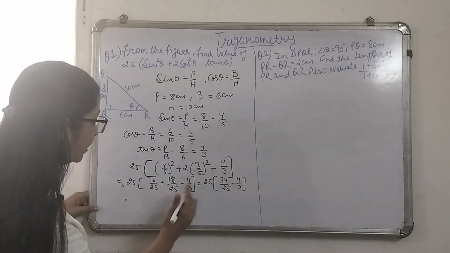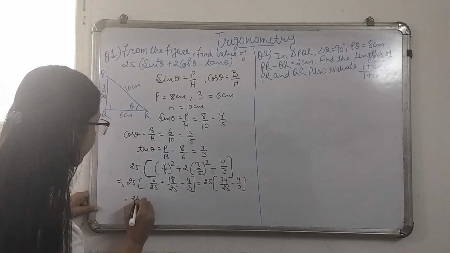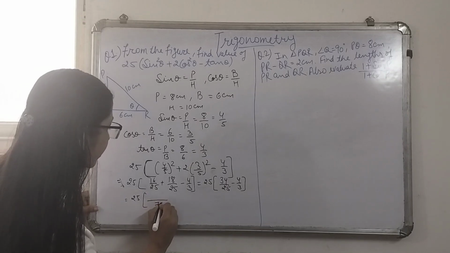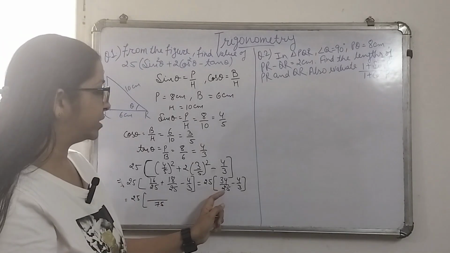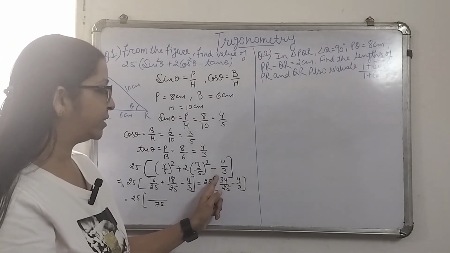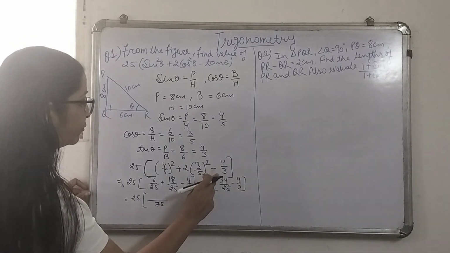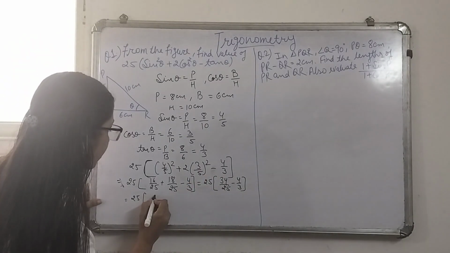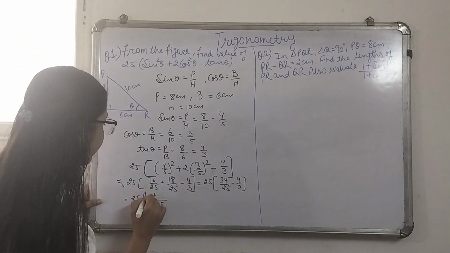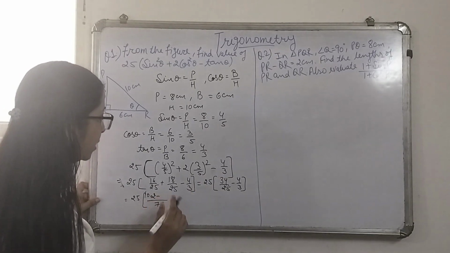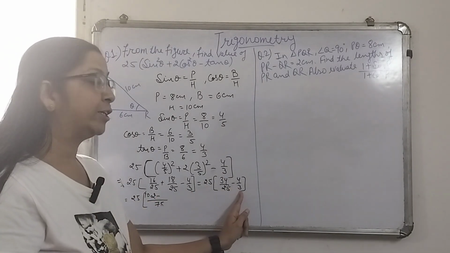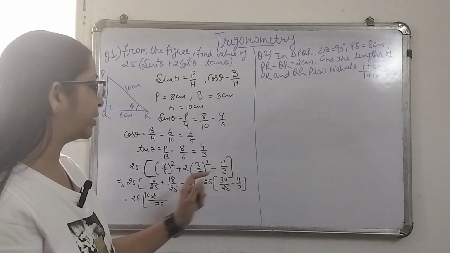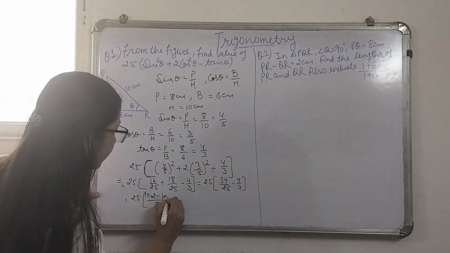So now we will be taking LCM, that will be 75. For converting this into 75, we need to multiply and divide it by 3. So 34 multiplied by 3, 4 3s are 12, is 102, minus, for making it 75, we need to multiply it by 25. 25 into 4 will be 100.